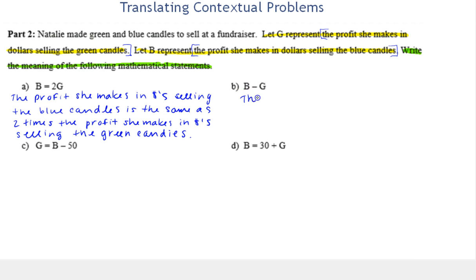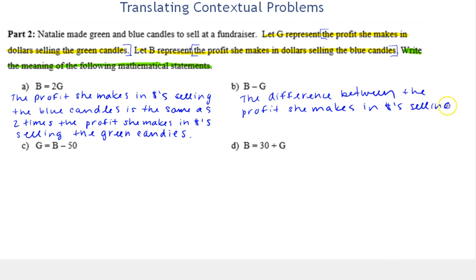So this represents the difference between, now we'll write what B represents, the profit she makes in dollars selling the blue candles. Oh, sorry, it is candles. I might have said candies before too.